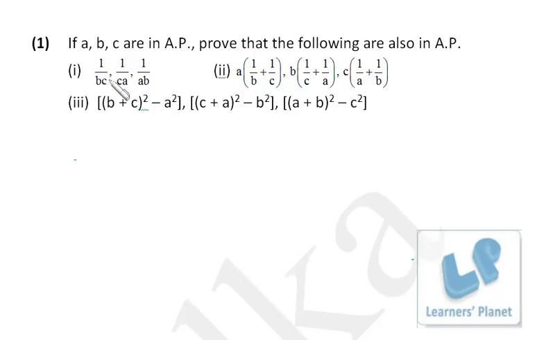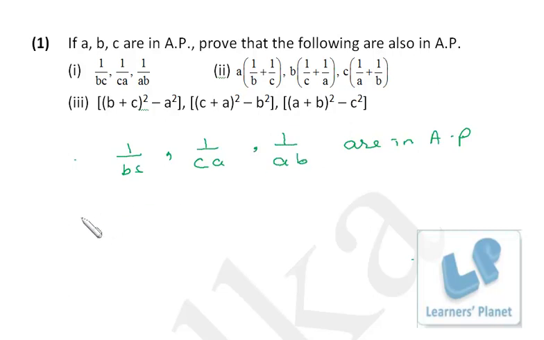Now we take this one. To establish these three in AP, we will use this expression. We have already proved that 1 upon BC, 1 upon CA and 1 upon AB are in AP. Now if these three are in AP and I multiply all three by a constant, they will still be in AP.